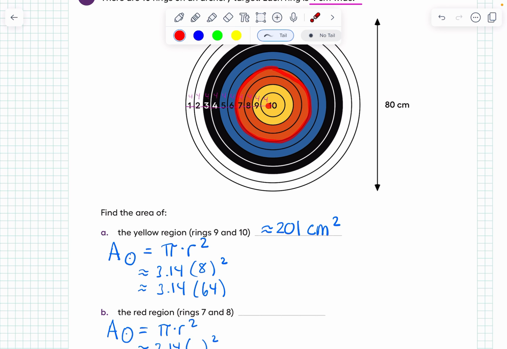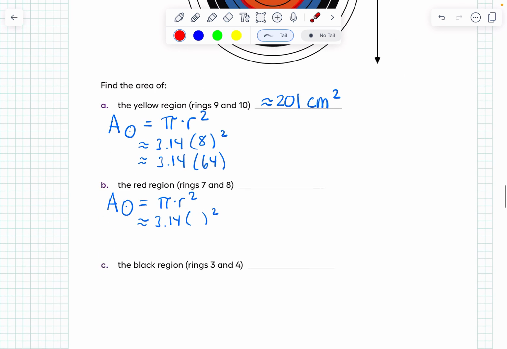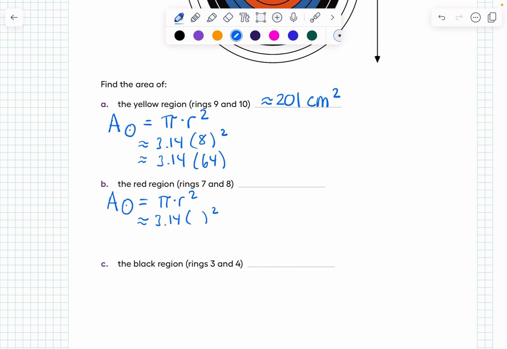Okay, so we have this 4, 4, 4, and 4. We have 4 4s. The radius would therefore be 16. So I have 16 squared, and 16 squared would be 256, and 256 times 3.14 would be approximately 804.